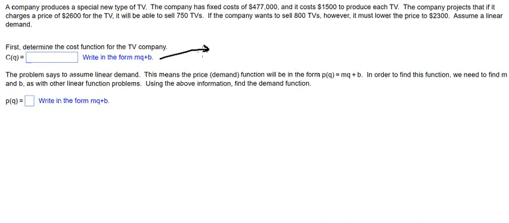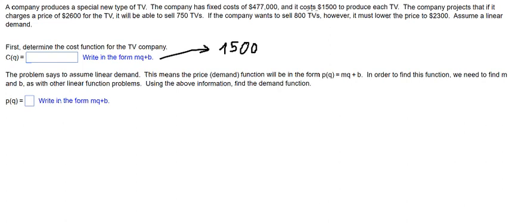So m in this situation is 1,500, because the question says that it costs 1,500 to produce one TV.